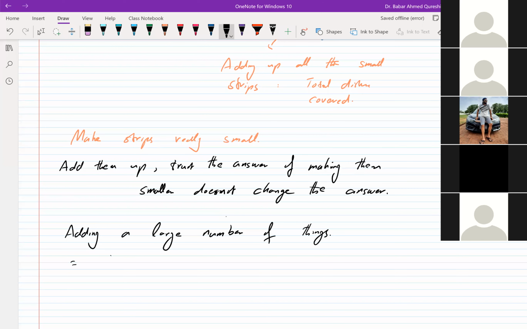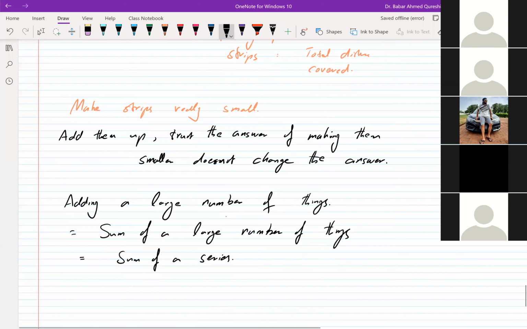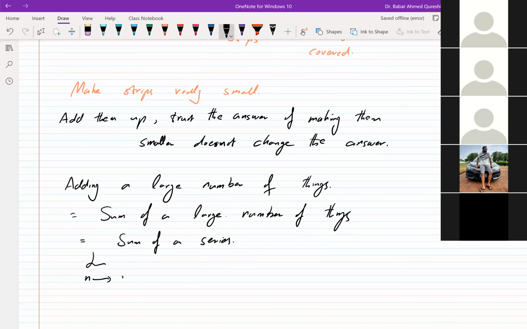So it's a sum of a large number of things, which you call a sum of a series. And when the number of terms in this series is very large, and even then the answer doesn't change, then you are arriving at a limit.